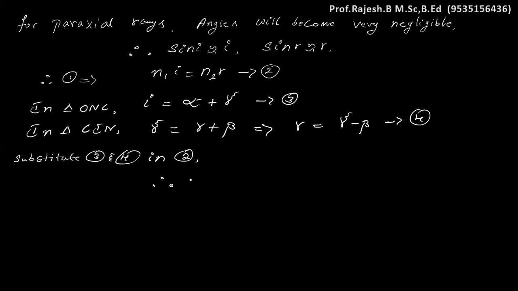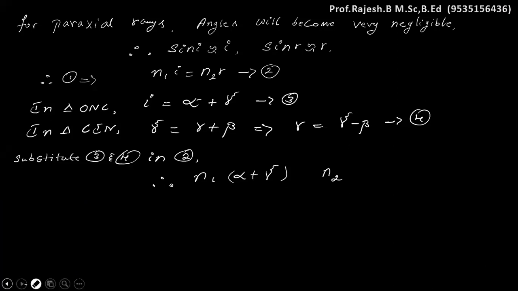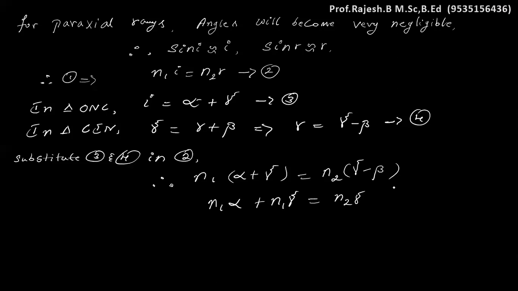Therefore, equation 2 becomes N1 into I, which is alpha plus gamma, equal to N2 into R, where R is gamma minus beta. Multiplying through, we get N1 alpha plus N1 gamma equals N2 gamma minus N2 beta.